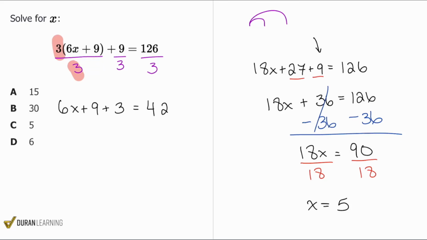You can check with your paper and pencil. But now that we're here, we can add the 9 and the 3 together, and that gives us 6x plus 12. And look at the rest of the solution. The rest of this is actually pretty straightforward.